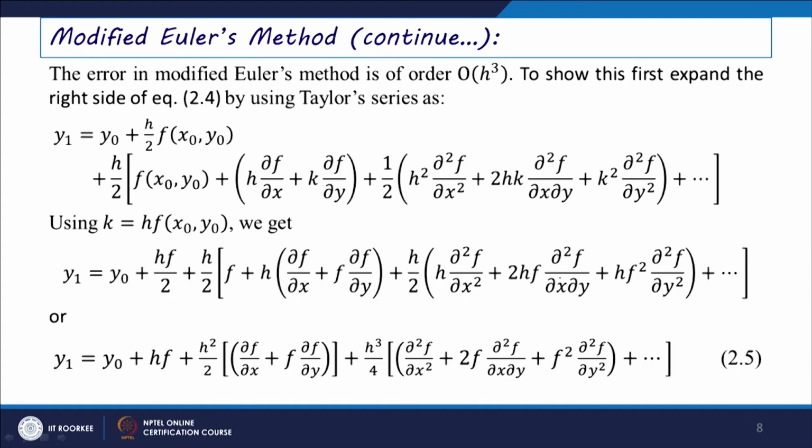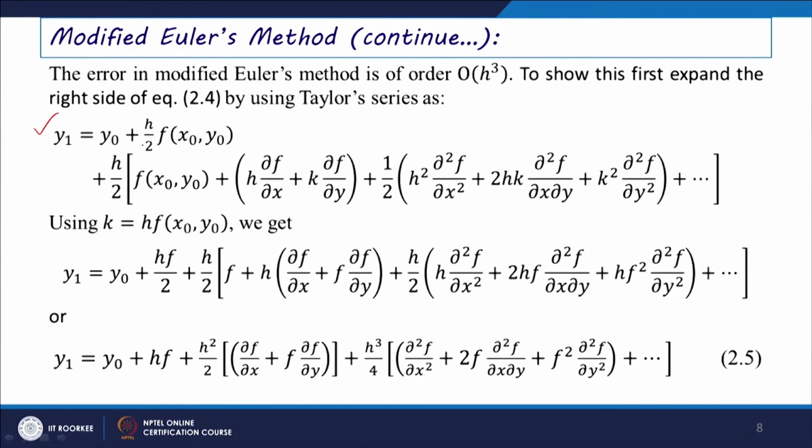We are considering that x1 can be written as x0 plus h and y1 can be written as y0 plus kh. So it can be expanded in Taylor series form, and expanding all the terms gives the combined form.